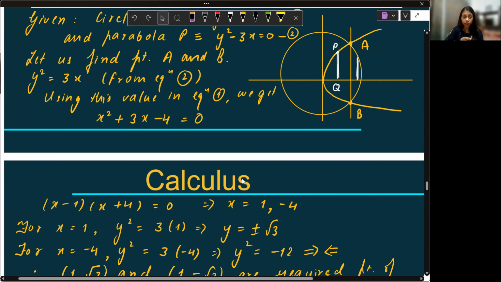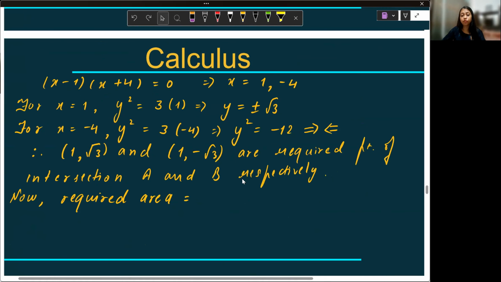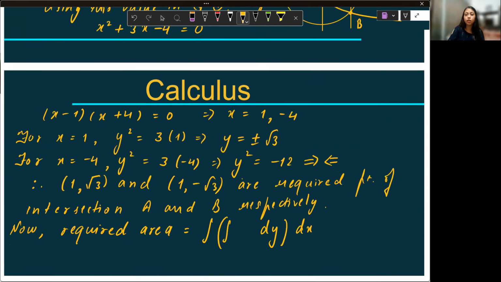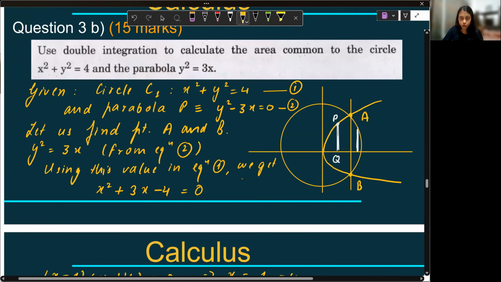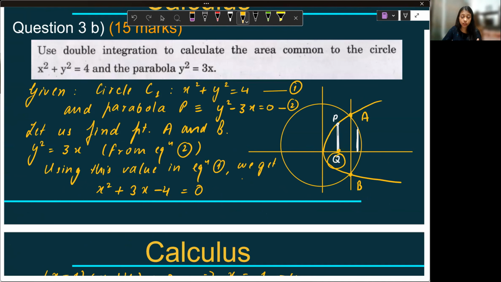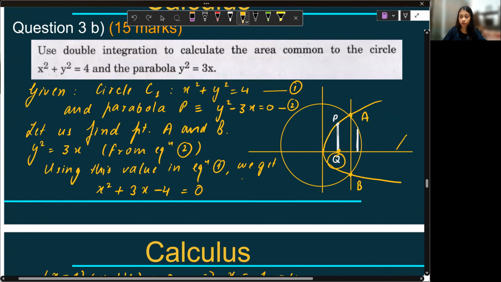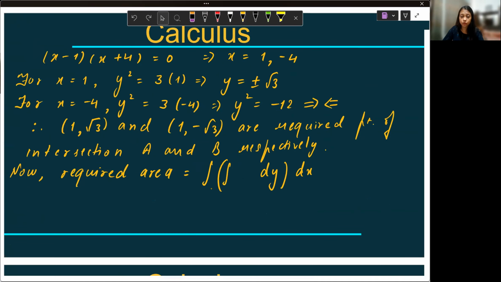Because I'm taking a vertical strip, you have to do integration first. The inside integration will be with respect to y, and later we'll have it with respect to x. And how to find the limit? See carefully. The lower portion, the bottom of that strip, is touching which curve? It is touching the x-axis. That means y is equal to 0. Okay. The lower limit is y is equal to 0.